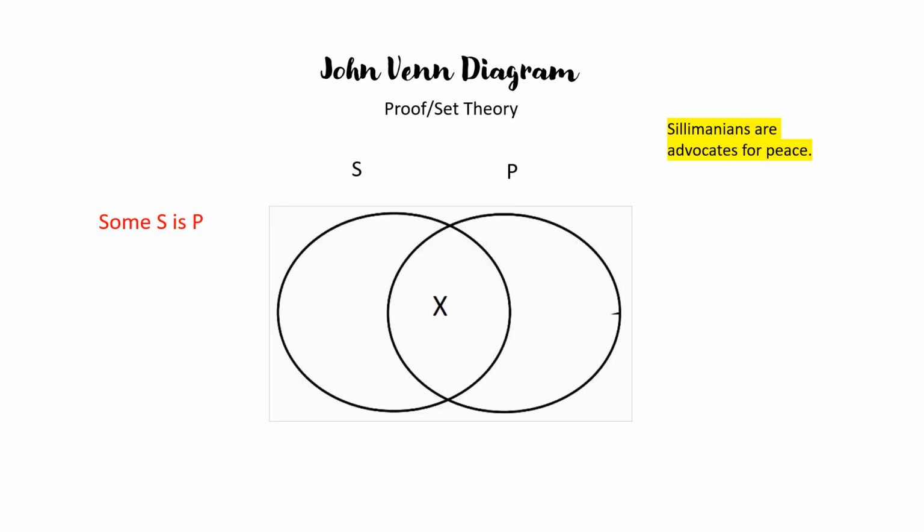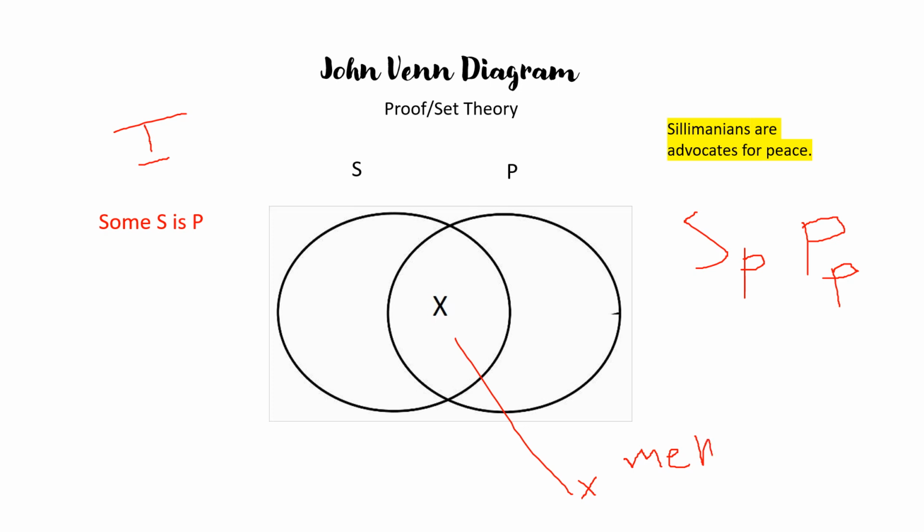Well, the same holds true for the I proposition. Remember, the I proposition is this one, right? Some S is P. We use an X mark here to denote membership. There is at least one member, okay? There is a membership here.